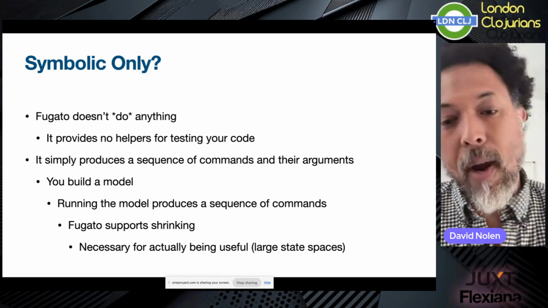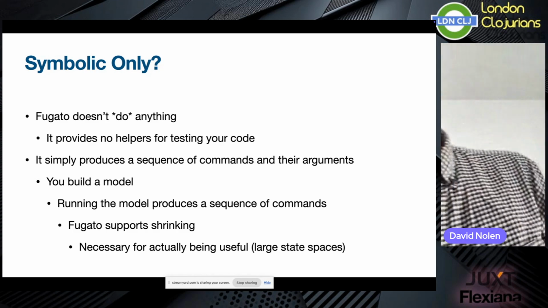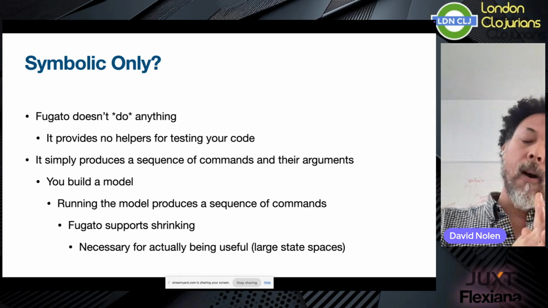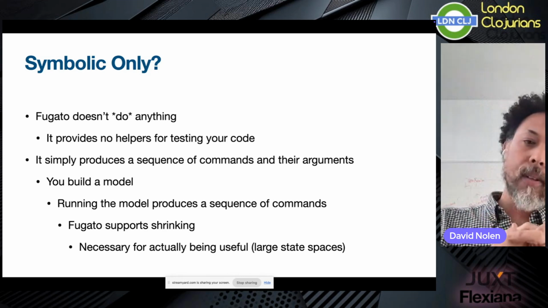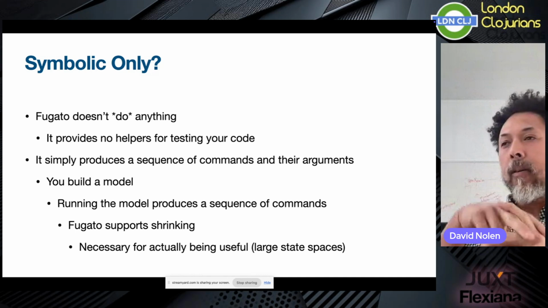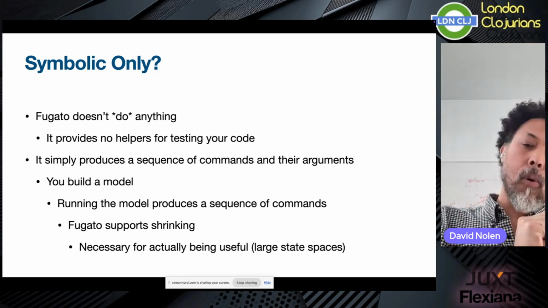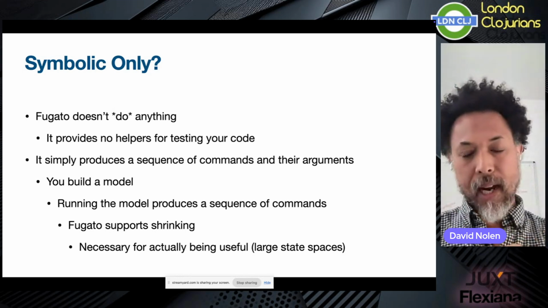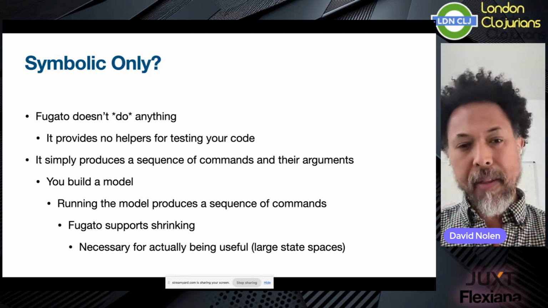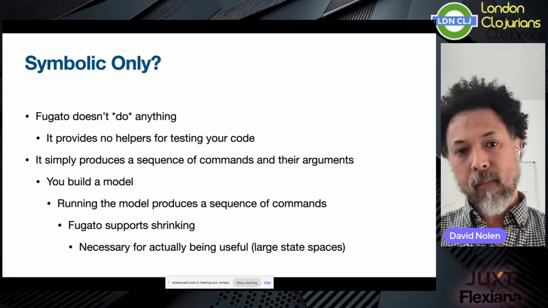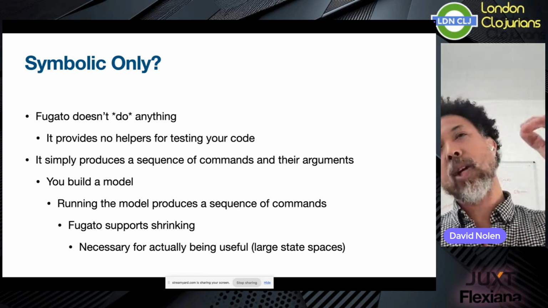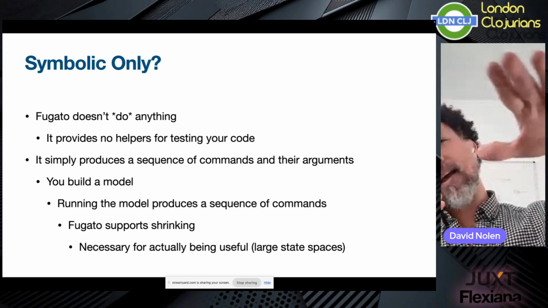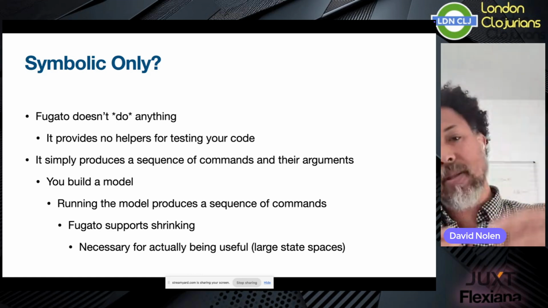And that's, of course, necessary for actually being useful, because in a lot of these situations, the state spaces can be quite large. Another thing to understand is that when we started out, we realized that for our work, the model we were going to make didn't really need to test every API call. This is the other thing about stateful property-based testing: you might think that you want to test every API call or particular sequences of things.